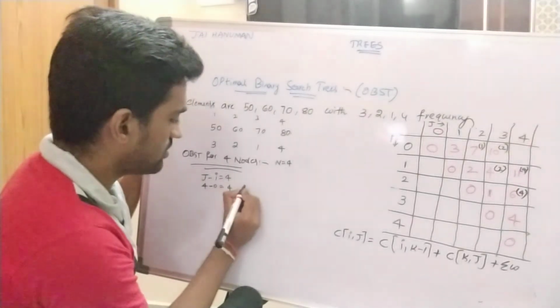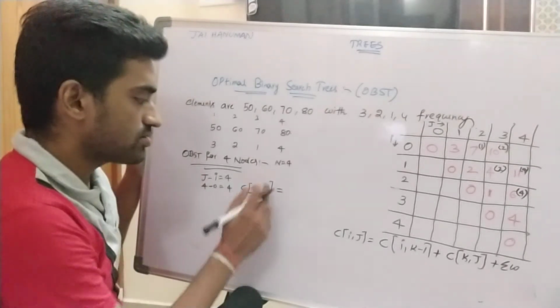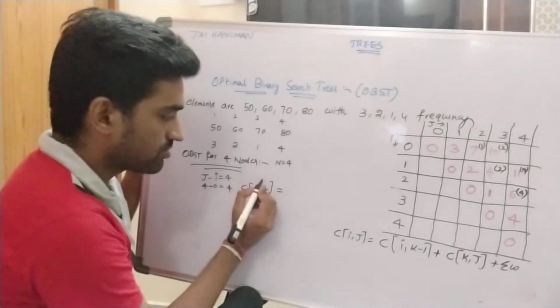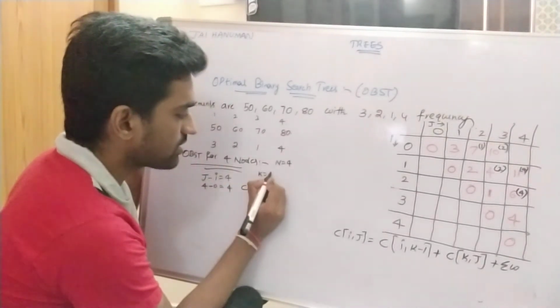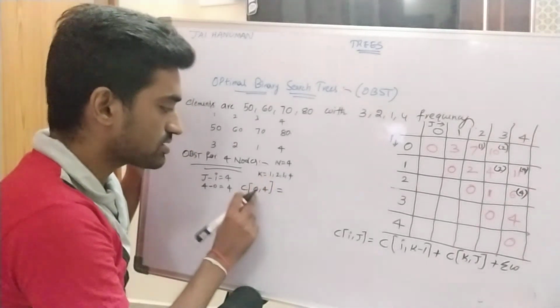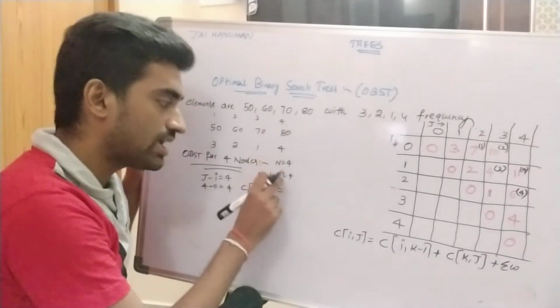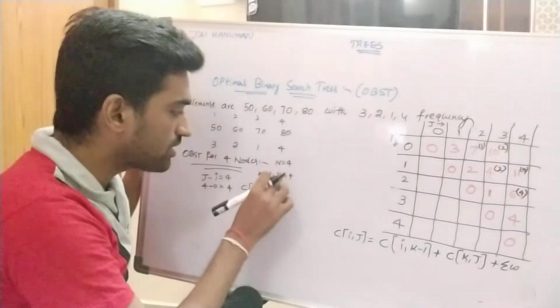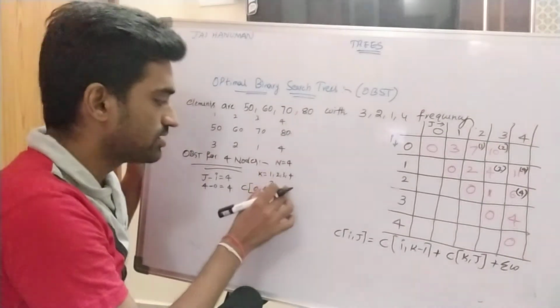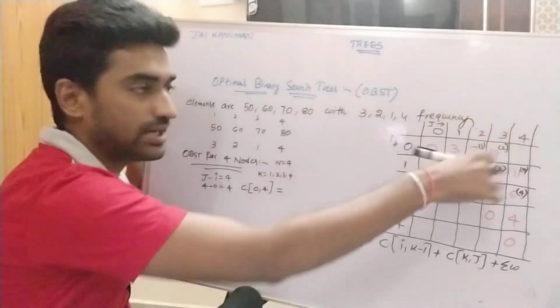So here cost of 0 comma 4 is equal to, we ignore 0. What are the intermediate nodes? k is equal to 1, 2, 3, 4. Then we are calculating cost of 0 comma 4 when k equal to 1, 2, 3, 4. Among those, which one is the minimum cost? That is set to be cost of 0 comma 4, and that is updated in the main table.